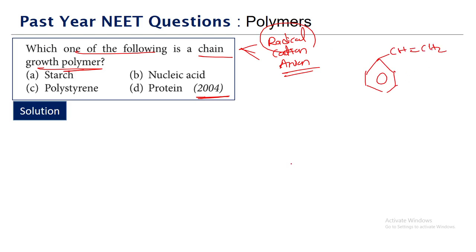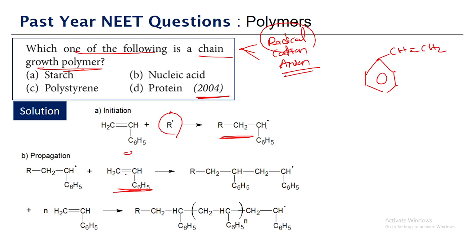When styrene is attacked by any free radical, that will give rise to another radical. That is the initiation step. Now this radical, when it attacks another styrene molecule, will have the chain propagation, and the chain length will increase. As long as this radical keeps attacking another styrene molecule, the chain length keeps on increasing.